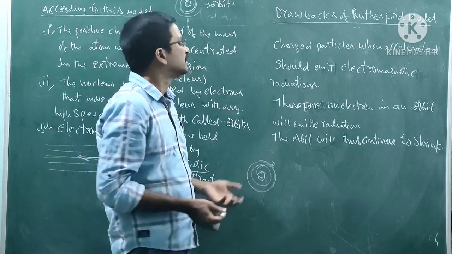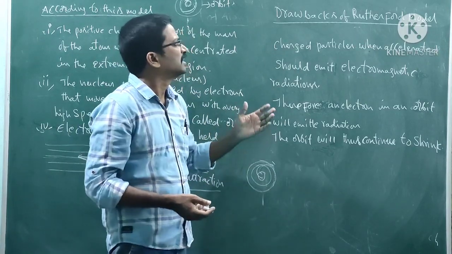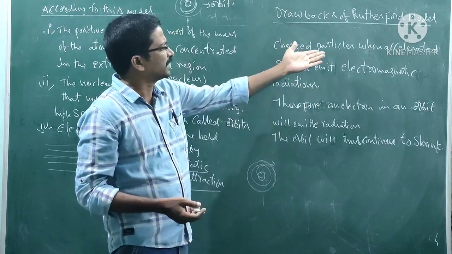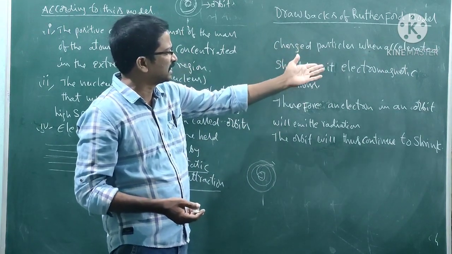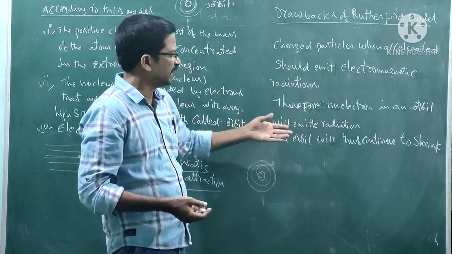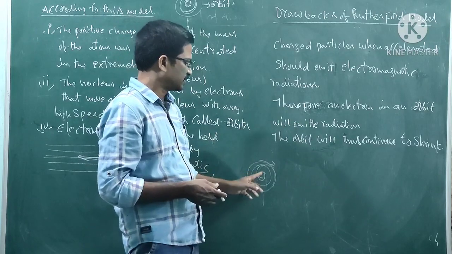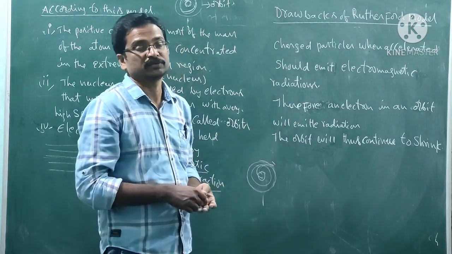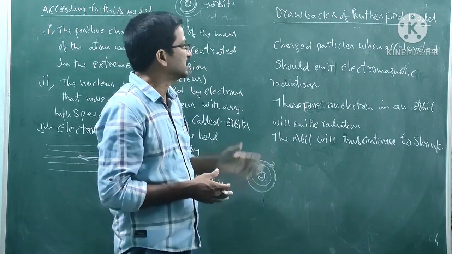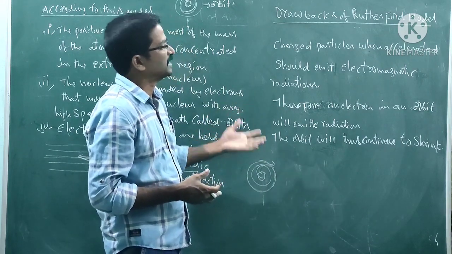This is the way he cannot explain why a charged particle accelerated should emit electromagnetic radiation and then fall into the nucleus. The atom is unstable. So this type of question he cannot answer. So this theory has a major drawback.